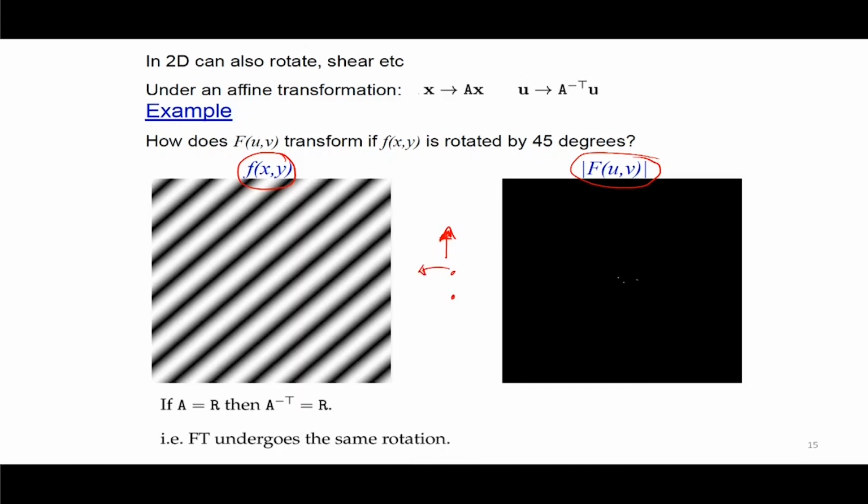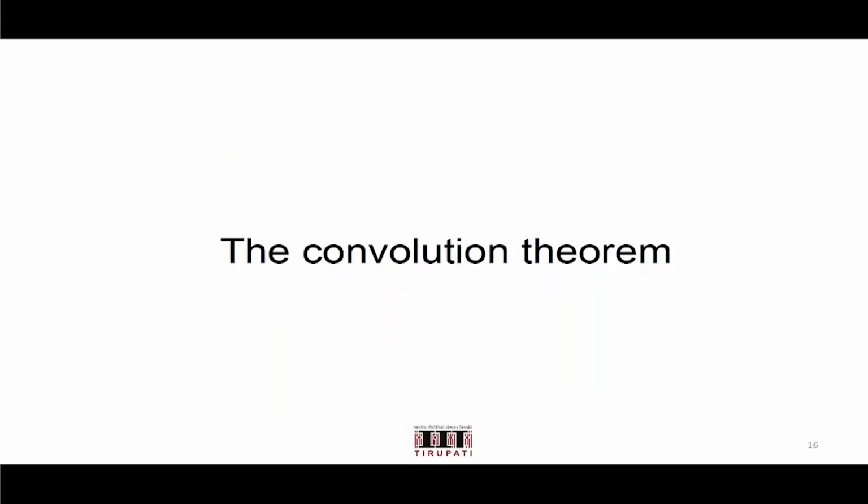So you would notice here this would also rotate your Fourier domain. Again, this derivation part I will not go into, I leave it to you, but I would just emphasize here that if you are rotating the image in the spatial domain, the frequency spectrum also gets rotated by the same angle.